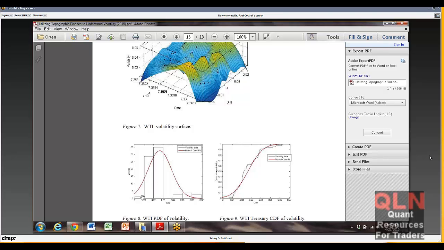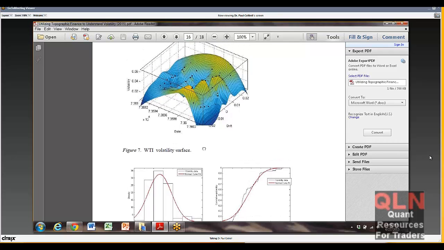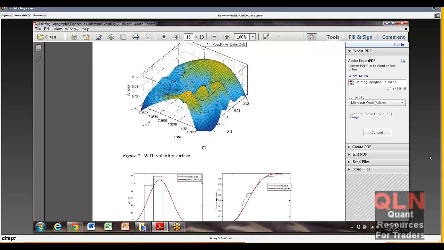So that just means that volatility densities are increasing, and these two asset classes, the bond and the oil markets, are increasing in volatility. And we can kind of see that qualitatively with the surfacing.